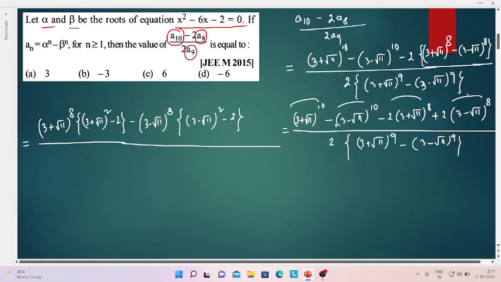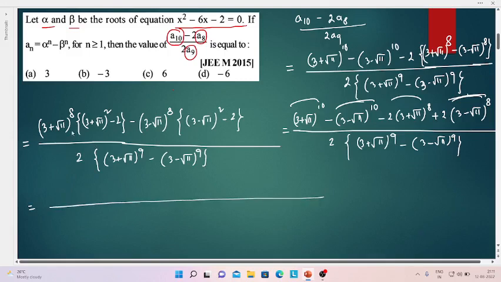Here I'm just taking common from there and there. The denominator part will be as it is. We have to write down the denominator as it is, because if we break all these parts it will be very lengthy and we will face a lot of difficulties. So let me write this part as it is, which is (3 + √11)⁸, and let me break that part, which is (a + b) whole square.